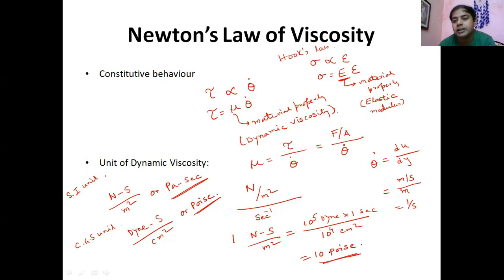So 1 SI unit is equal to 10 CGS units of dynamic viscosity. You will see this conversion in problems, where the value is given in poise and you have to convert it. So 1 Newton second per meter square is equal to 10 poise. It is a very important relation.